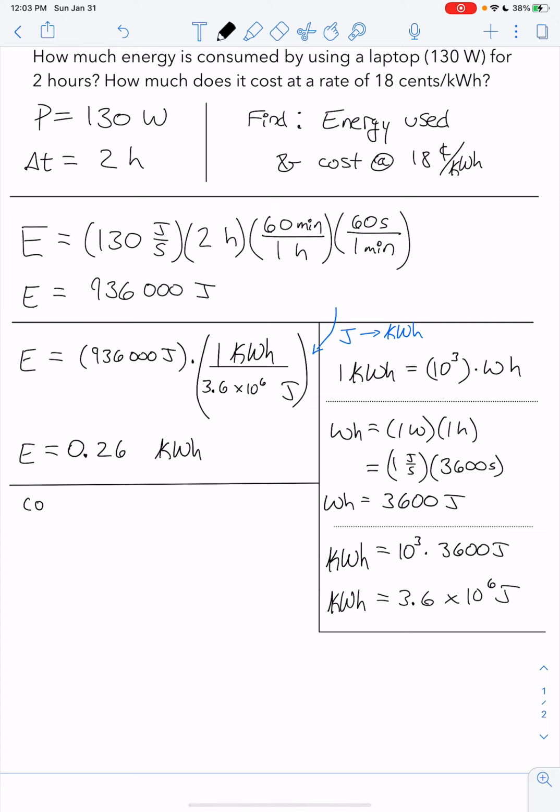So let's work out the cost. I'll just denote it with $. Okay, so our cost is going to be 0.26 kilowatt hours times our rate, which is $0.18 per kilowatt hour.